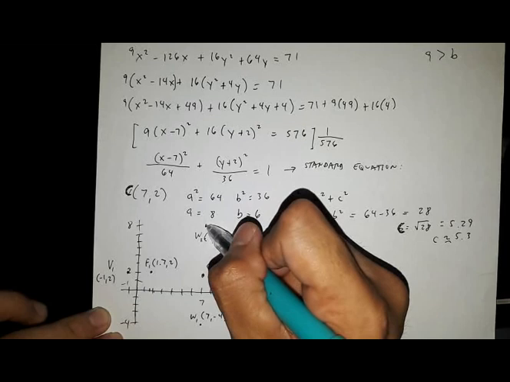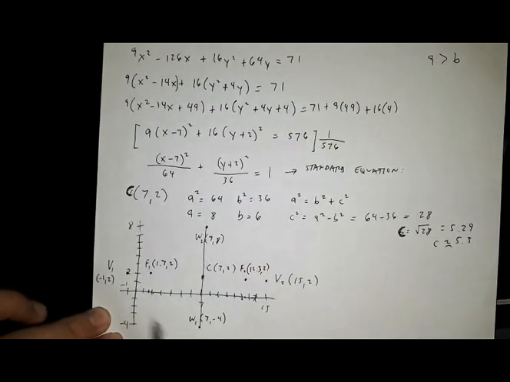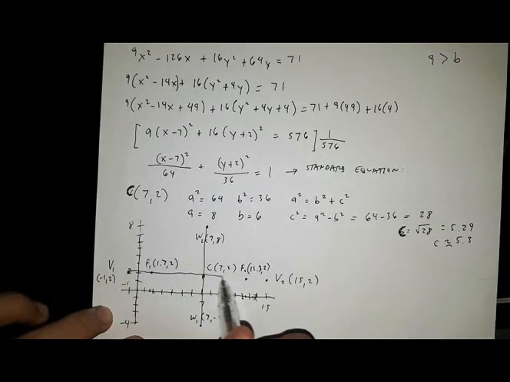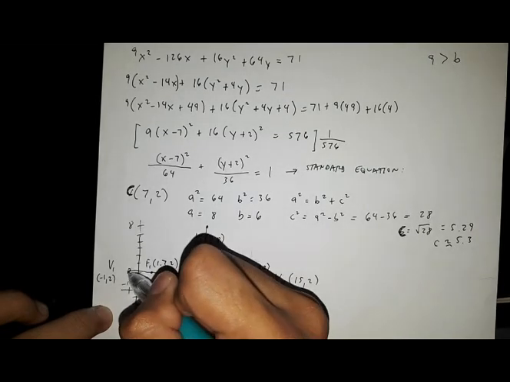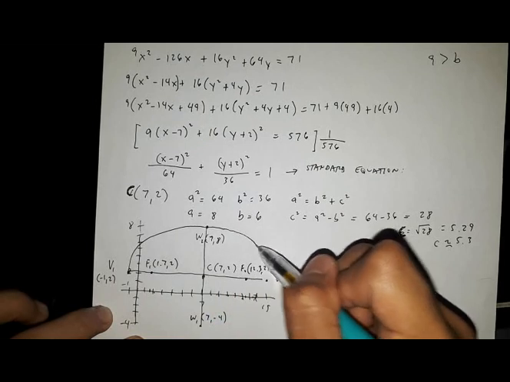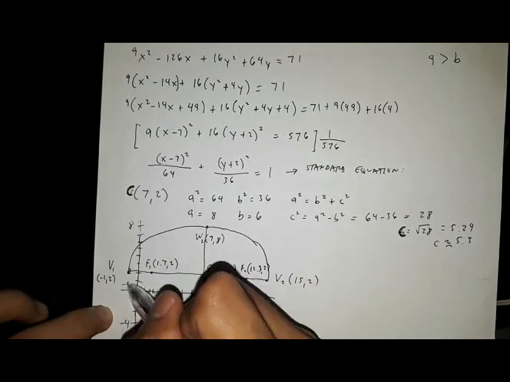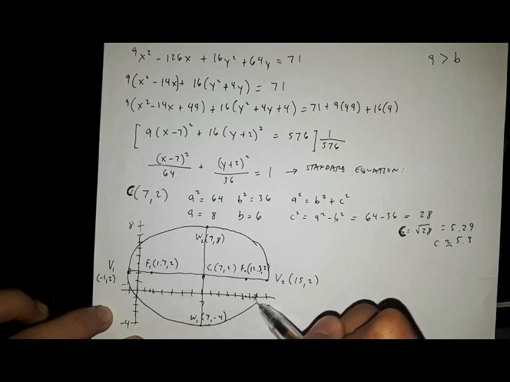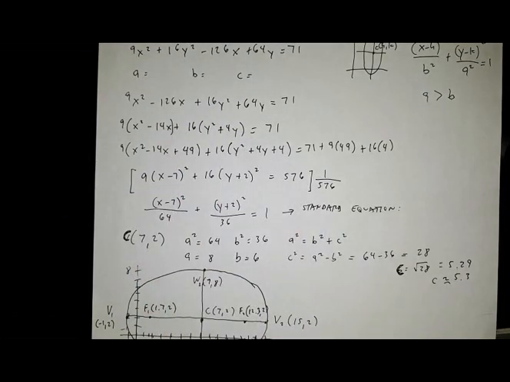So let's connect. So this is your minor axis, this is your major axis, and this is your ellipse. So this is the graph of the ellipse with the general equation of 9x squared plus 16y squared minus 126x plus 64y equals 71.